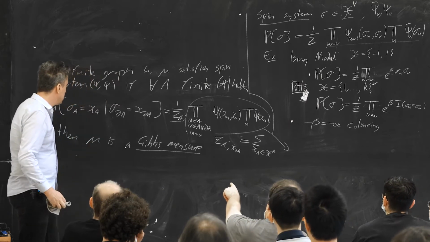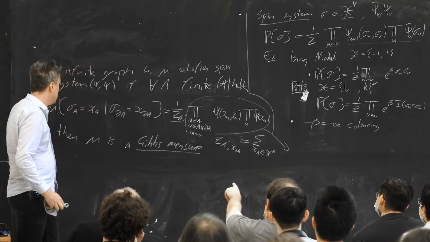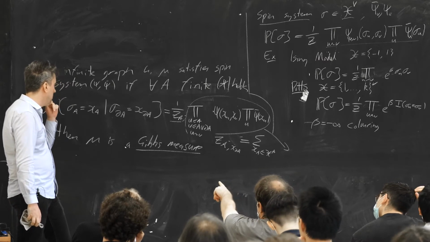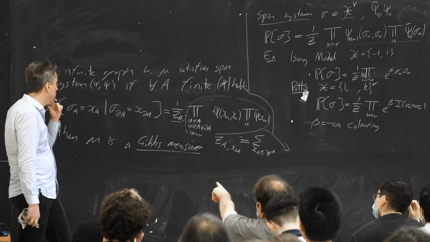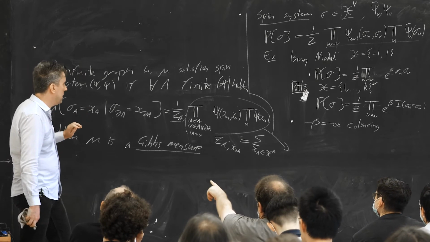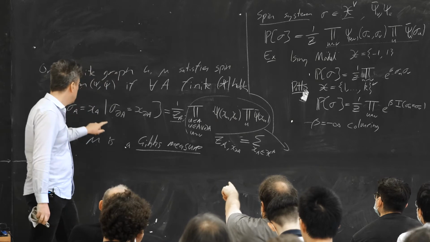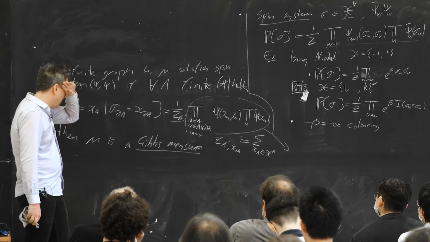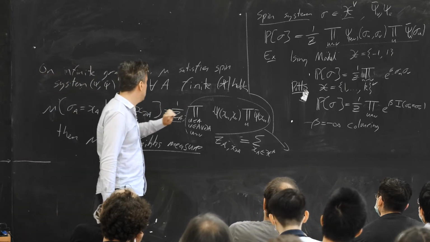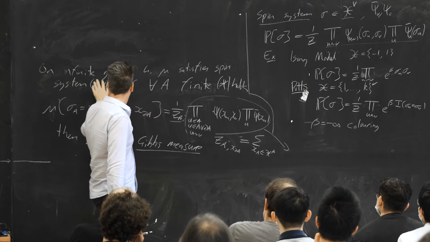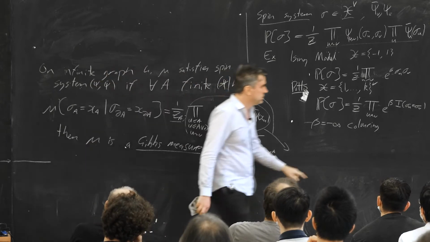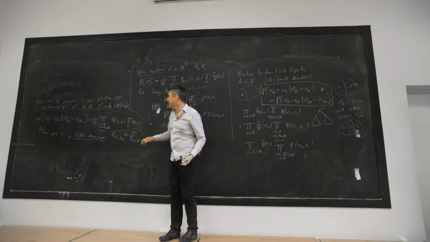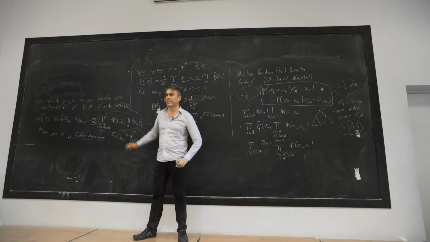The conditional distribution should be given everything outside A. The right-hand side only depends on the boundary of A, but to actually define a Gibbs measure, you would have to assume it's Markov, right? So it should be mu of sigma A equals XA given sigma A complement equals XA complement, equals the right-hand side, which happens only to depend on the boundary of A. So I wanted to say, it has this property if this holds, and this conditional probability is given by that formula.